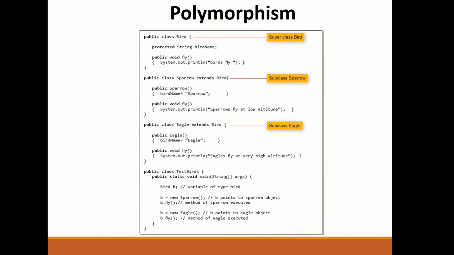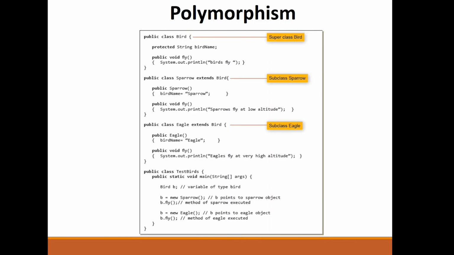Now, on our main method, we just simply create a new instance of that one. So b equals new Sparrow. And then once we execute, we will have the output: Sparrow fly low altitude. Same with Eagle. Klaro ba tayo dito? Okay, sige.